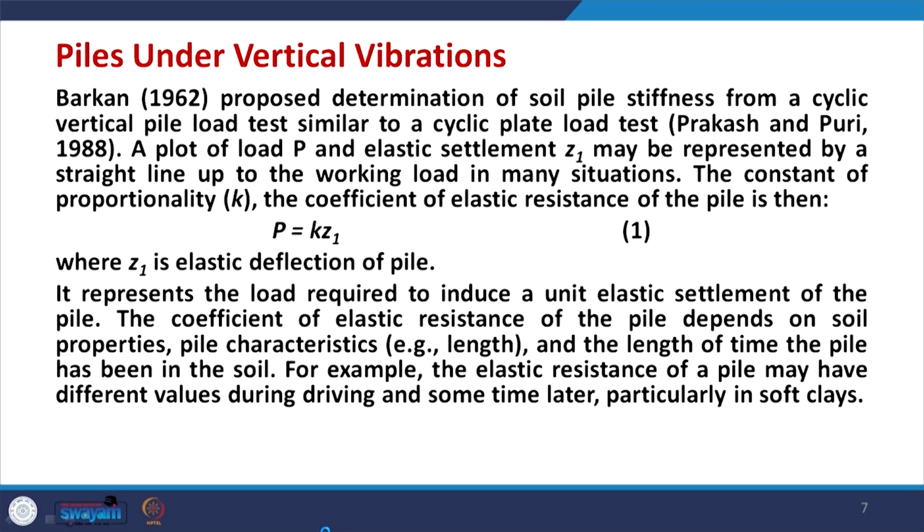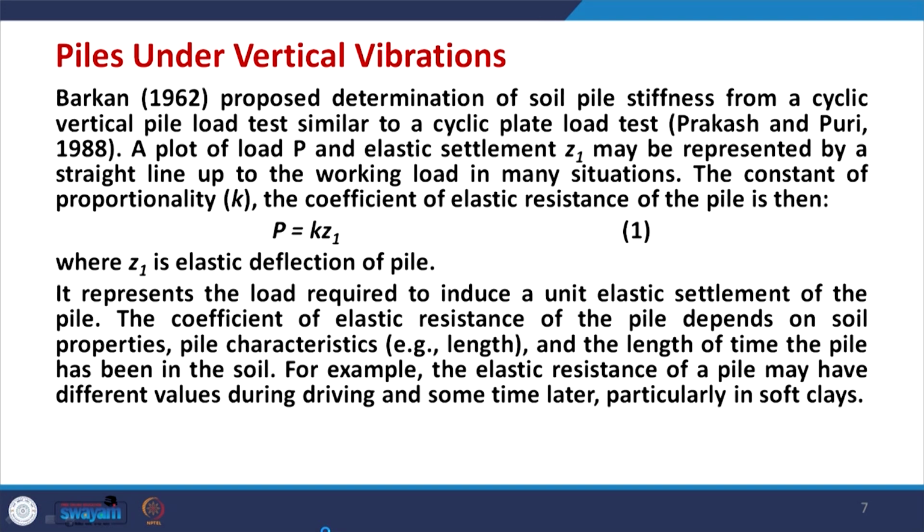If you increase the value of P, you will increase the value of Z1 also. However, as you may be aware, the soil is not linear, rather the property of the soil is non-linear, particularly at strong ground motion or whenever you apply high excitation. So, it represents the load required to induce a unit elastic settlement of the pile.